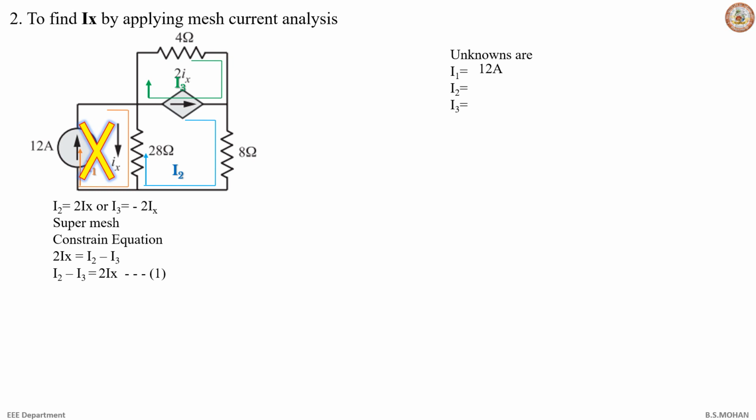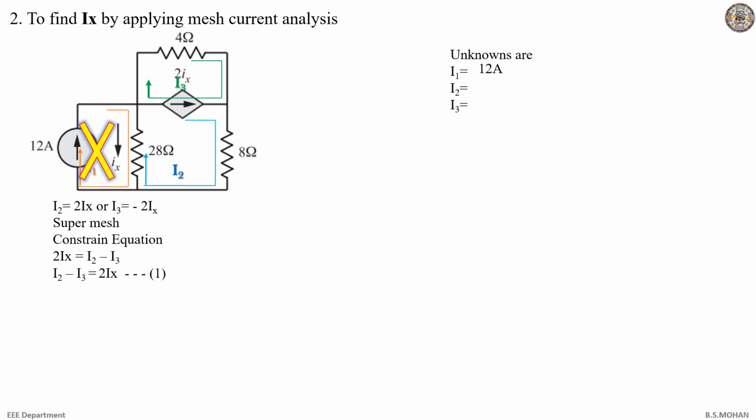The unknowns are I1, I2 and I3, but I1 is known, so the variables are I2 and I3. So in equation 1 I should have only I2 and I3. If I get I1, I can substitute it as 12.